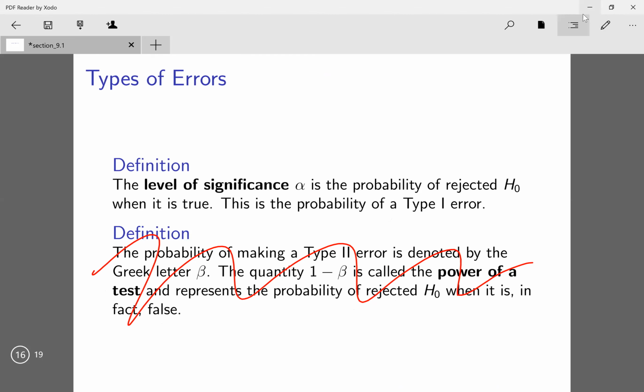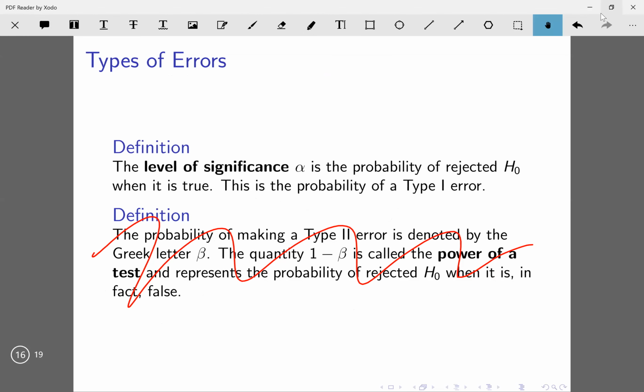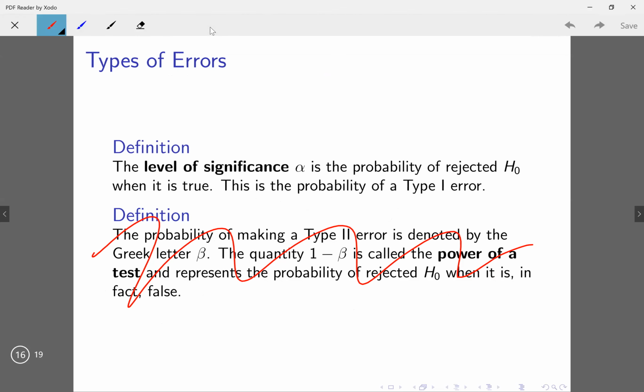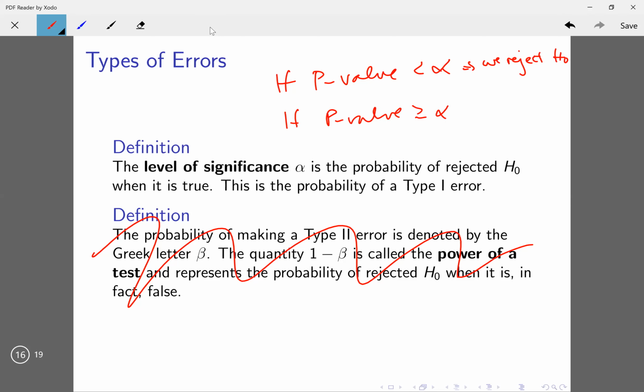And so what you say is, basically, if your p-value is less than alpha, we reject the null hypothesis. And if the p-value is greater than or equal to alpha, we don't reject.